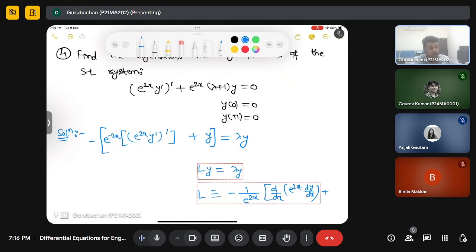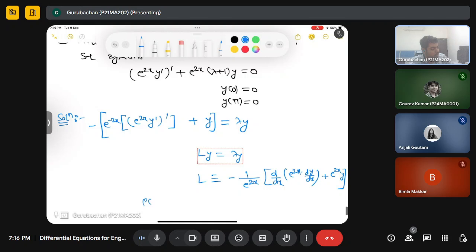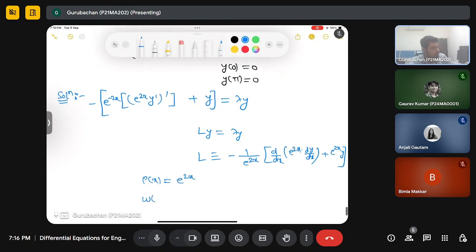Since I am taking e to the power 2x common on the whole, so here qx will be e to the power 2x y. So this time your qx is non-zero. So px is e to the power 2x. Weight function is e to the power 2x and qx is e to the power 2x.